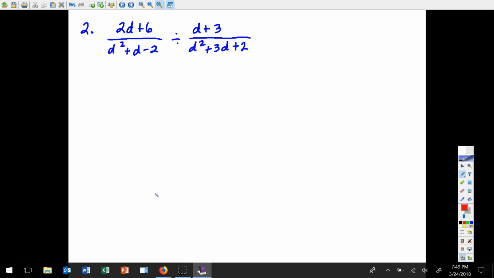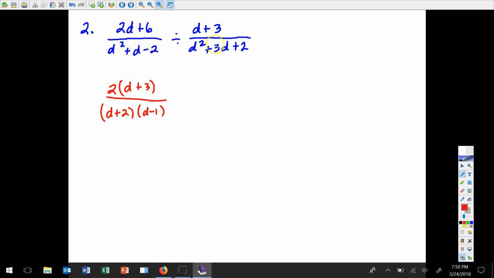Okay, number 2, we're also supposed to simplify, but this is a division problem. So the same rule applies. We need to factor everything that we can. We'll start with this left numerator, and it has a GCF. We can factor out a 2 and get 2 times the quantity d plus 3. The denominator also factors as d plus 2 times d minus 1.